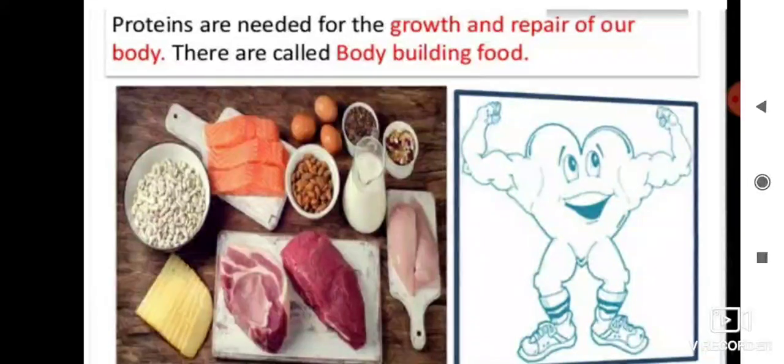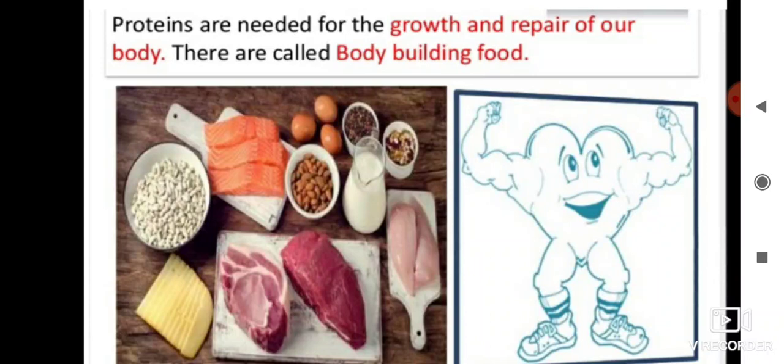The sources of carbohydrates are rice, maize, wheat, sugarcane and sweet potato. These food items are rich in carbohydrate. How many types of carbohydrates are there? There are three types: simple sugar, starch, and cellulose.